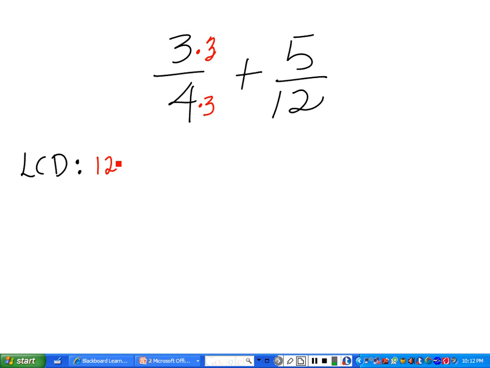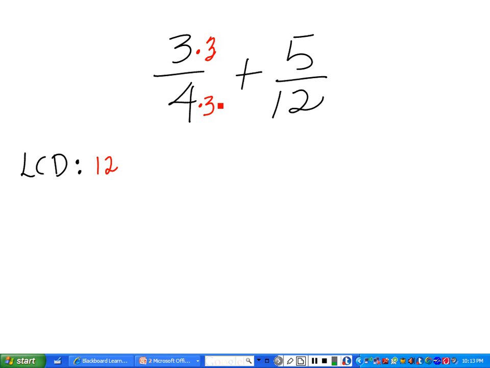Now what makes this legal is that I just basically multiply 3/4 times 3 divided by 3. 3 divided by 3 is really 1. So that's why multiplying the numerator and denominator by the same thing is legal, because anytime you're dividing or multiplying the denominator and numerator by the same number, you're really just multiplying times 1.